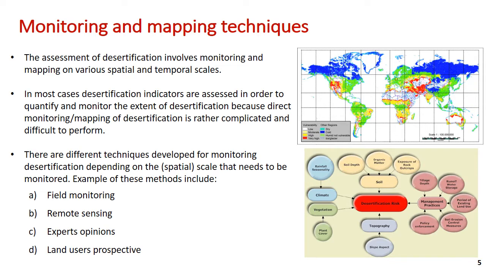But to come up with such a map, and a map that identifies the desertified area, you need to look at something that would tell you about desertification, and that is basically the indicators. For example, to tell whether a land is undergoing desertification or not, you can look at its vegetation cover. By collecting information about the vegetation status, the vegetation density, the changes in the vegetation, and so on, you would need to monitor the vegetation in that area for a long time.